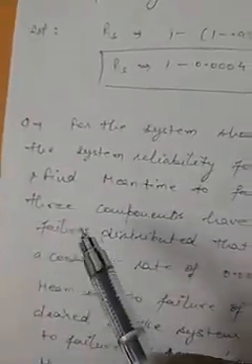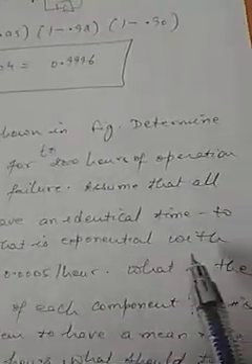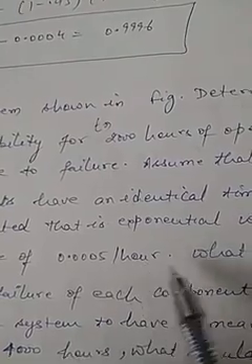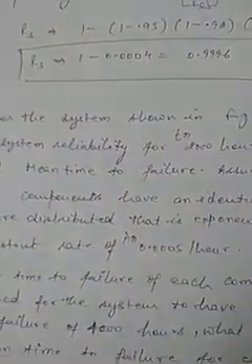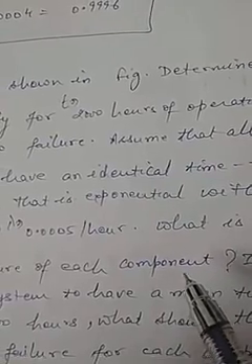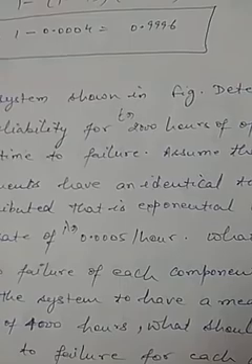Assume that all three components have an identical time to failure distributed exponentially, with a constant rate of 0.0005 per hour, meaning lambda is given here and it is identical for each component. What is the mean time to failure of each component as well? So we have to calculate MTTF for each component as well as for the system.